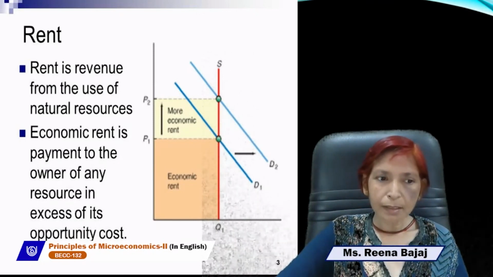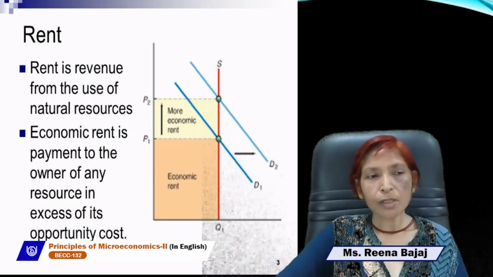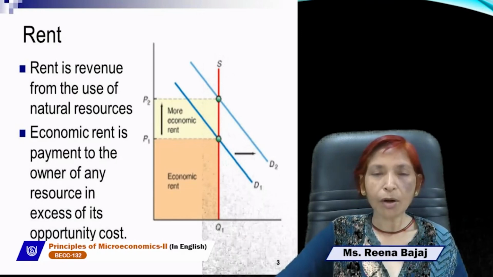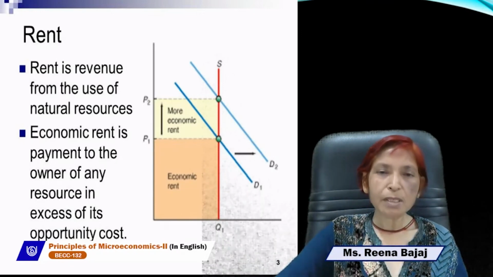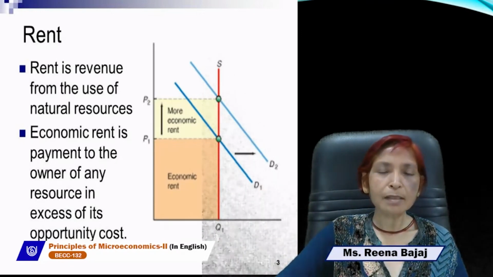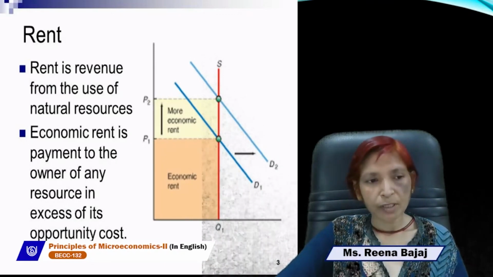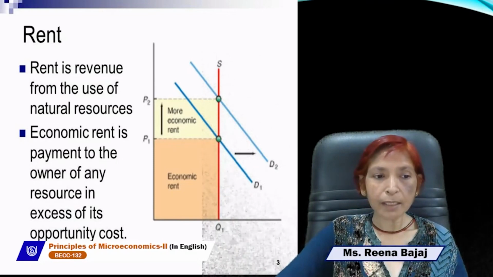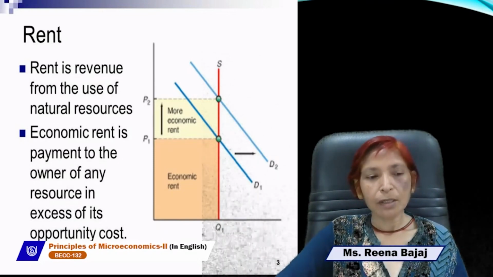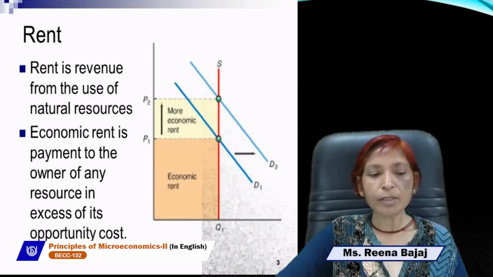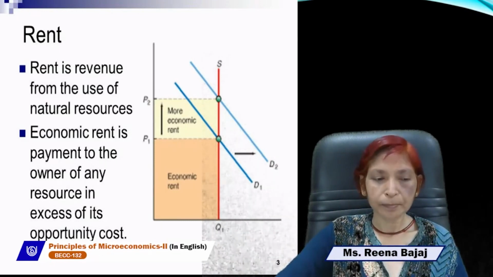After that, this theory was further developed by Mrs. John Robinson. She presented this concept of rent as economic rent. She said that economic rent is a payment to the owner of any resource in excess of its opportunity cost.